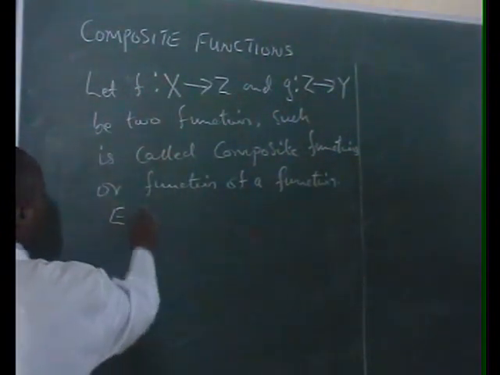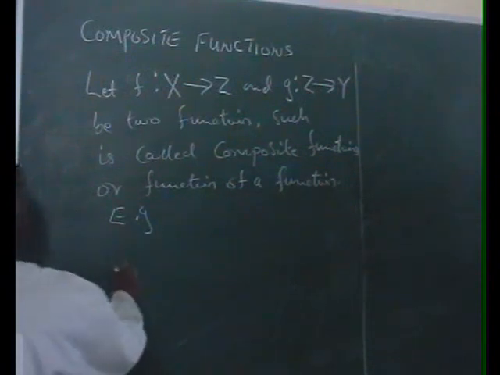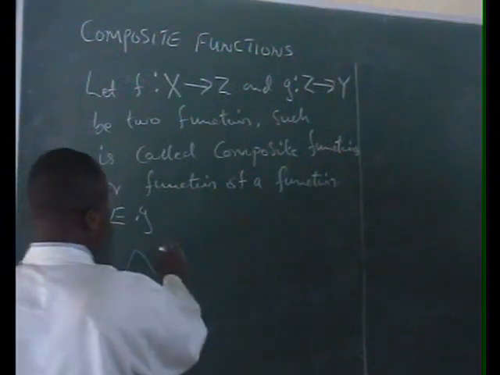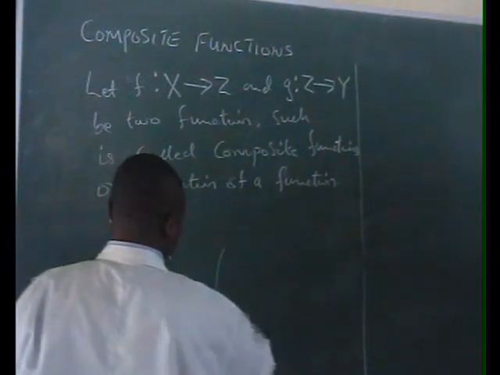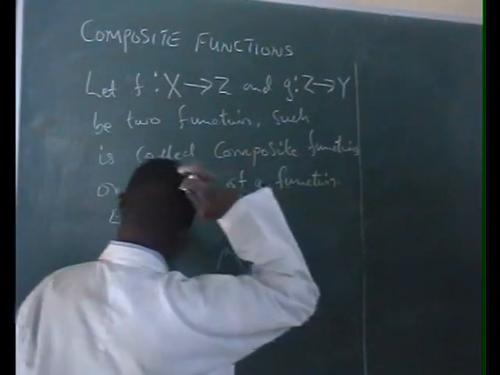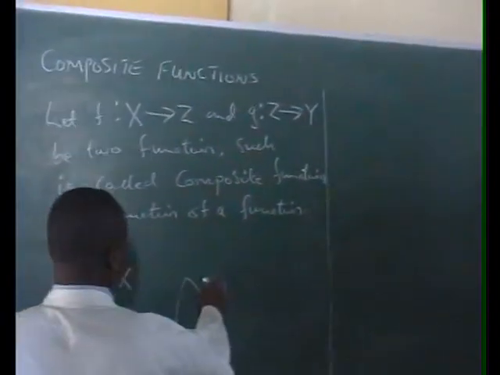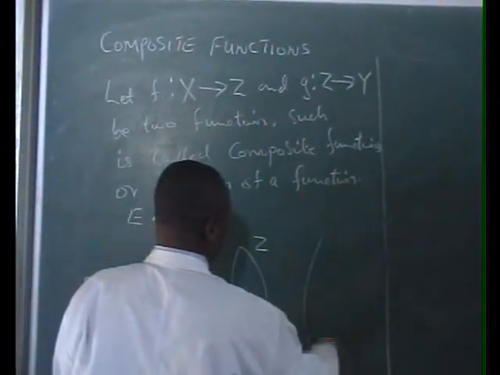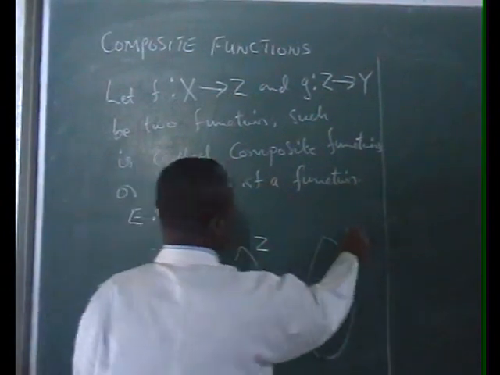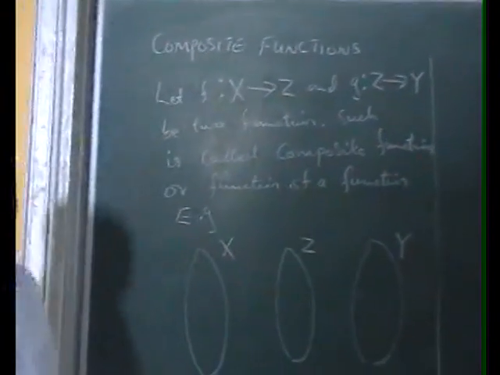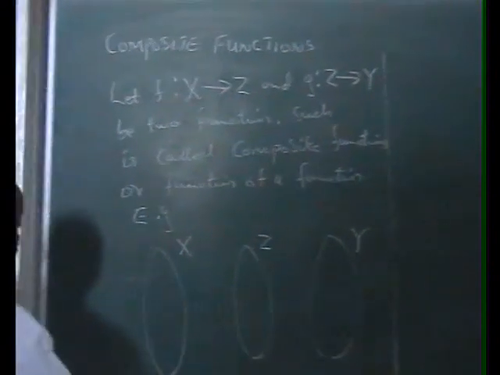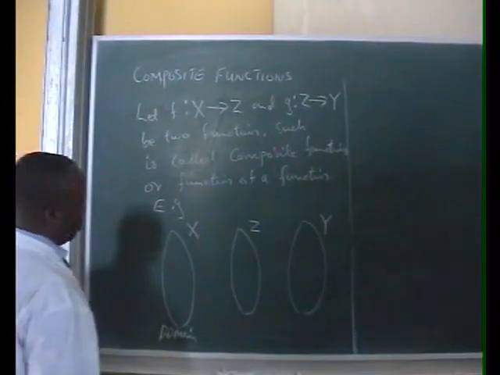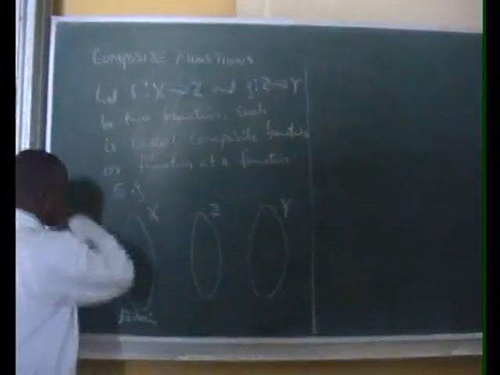Example, we have our set x. We also have set z, and then we also have set y. And we know that this is the domain. Now, see what happens.